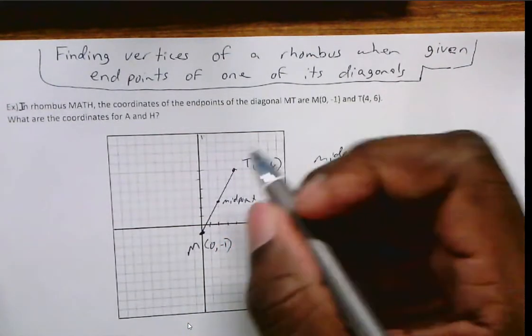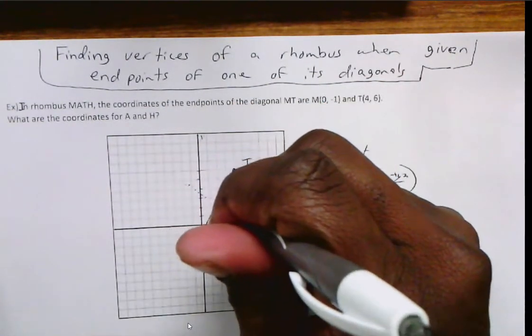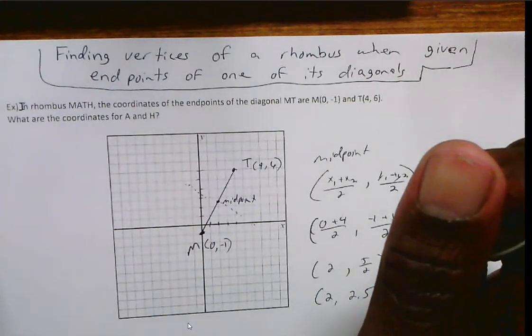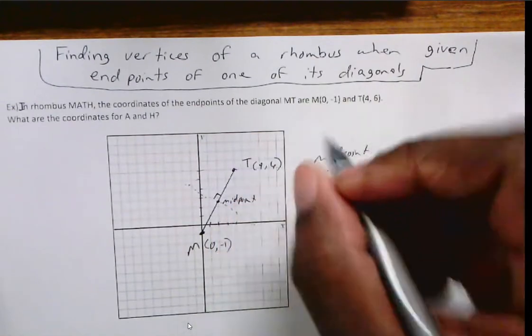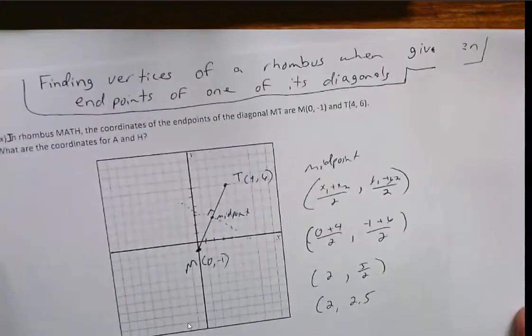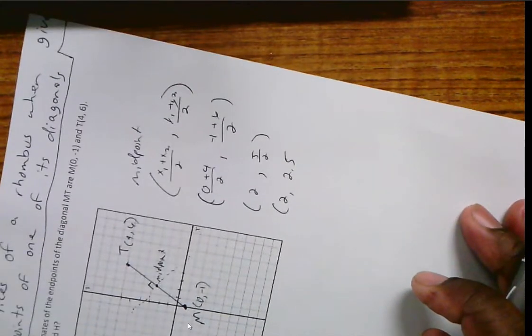Alright, so the other diagonal has to go through that midpoint in such a way that it meets at 90 degrees. So I know it looks something like that. So if I rotated this point 90 degrees counterclockwise, you have a good idea where that would be.